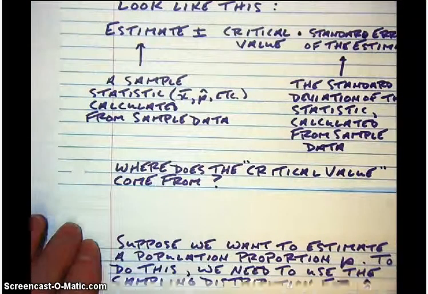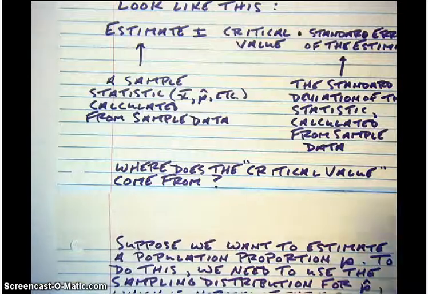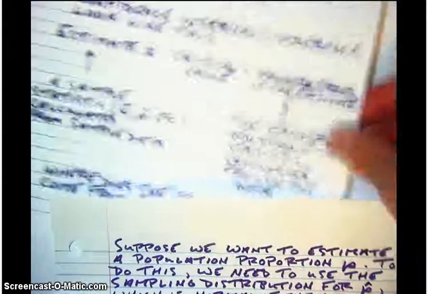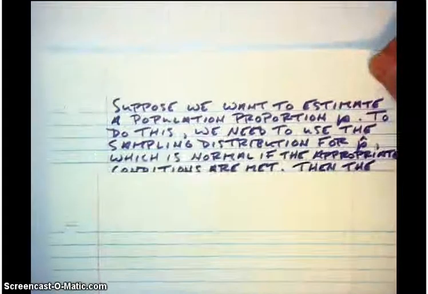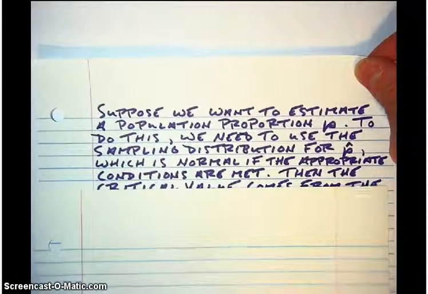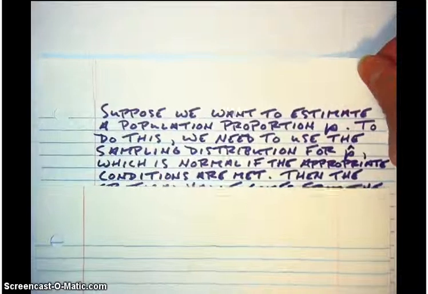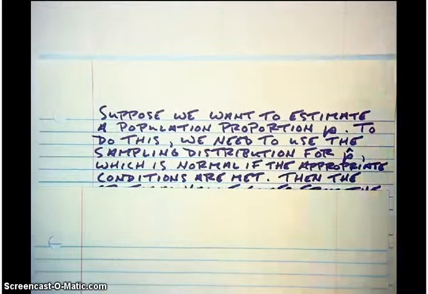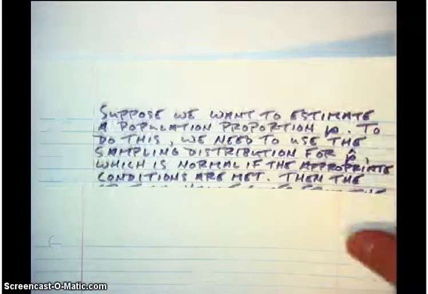In order to do that, you need to use the sampling distribution for p hat, which is the sample proportion. And you remember there were some conditions that we talked about when we were doing Unit 9. We were talking about this sampling distribution for p hat. And if those conditions were met, then this distribution for p hat would be normal, at least approximately.